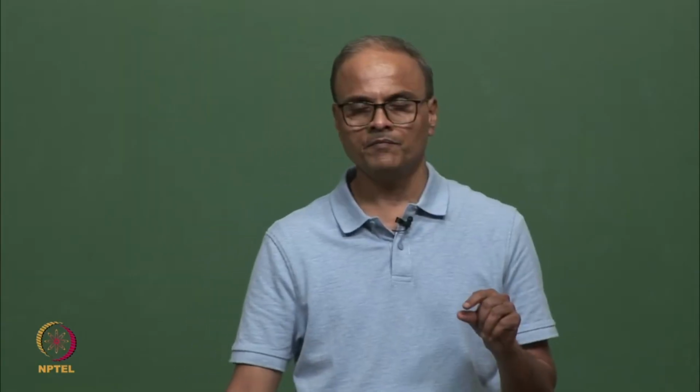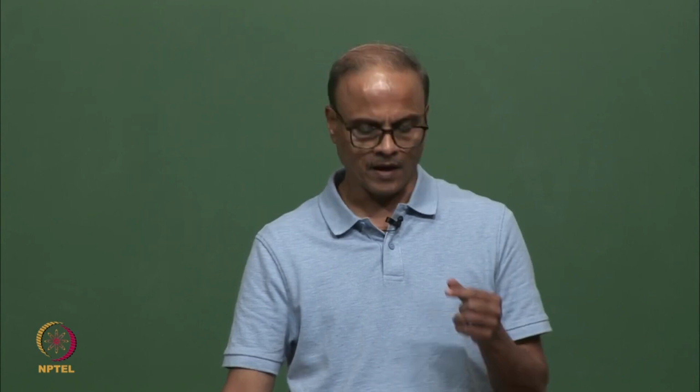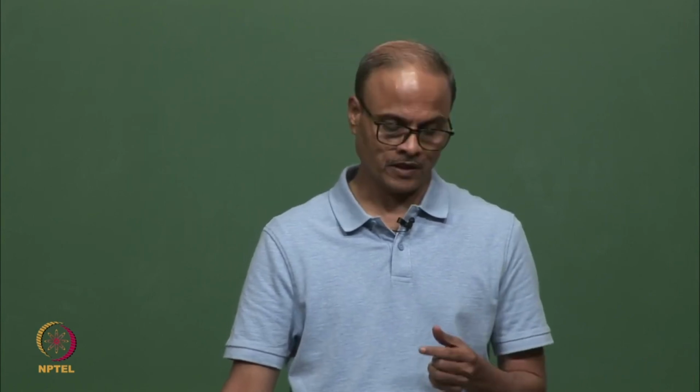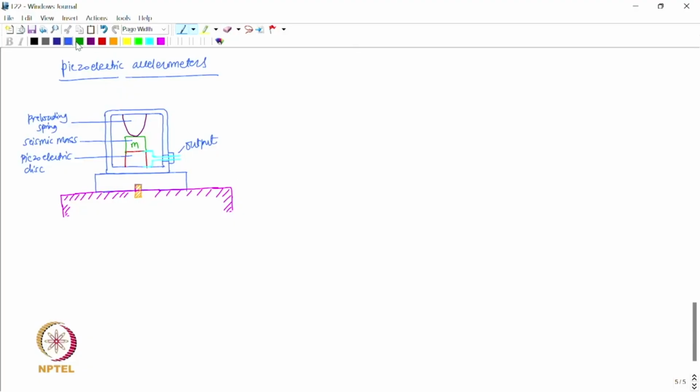Here we see that the piezoelectric disc provides the stiffness and the damping associated with the seismic pickup. When the surface vibrates, let us say with y of t equal to y naught sine omega t, the seismic mass vibrates with amplitude x.